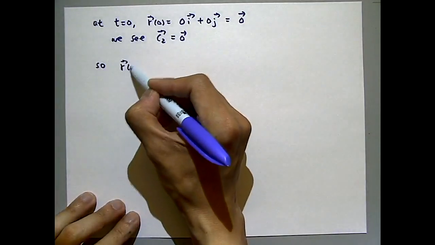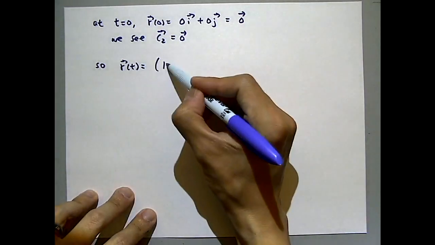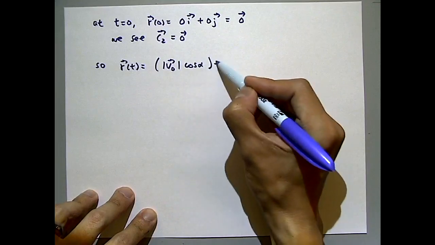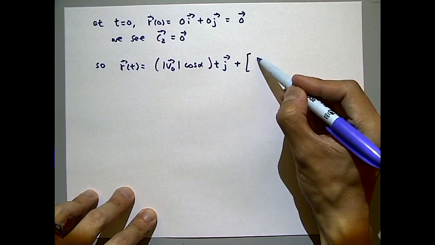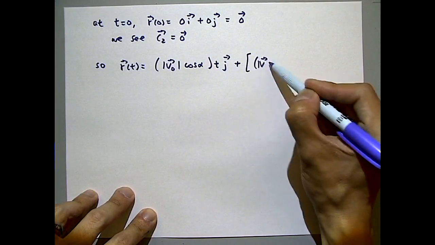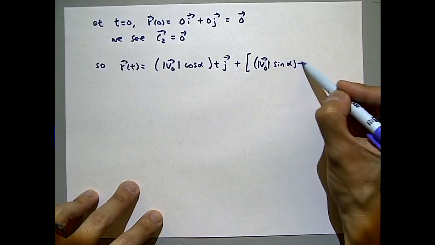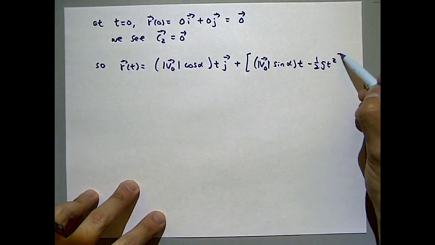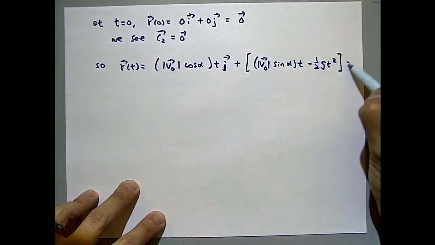So that means my position during the parabolic, the projectile motion here, is this equation. That's a j here, sorry.